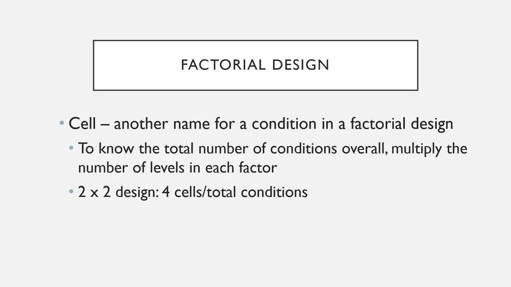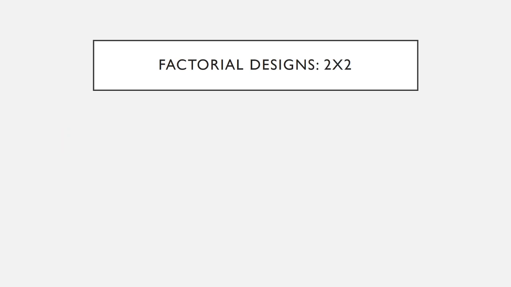To know the total number of conditions overall throughout your experimental design, you just need to multiply the numbers from each of your levels. So a 2 by 2 design actually contains 4 overall conditions. Since there's 2 levels within IV1, they need to be fully combined with the 2 levels from your second IV, thus leading to 4 cells overall.